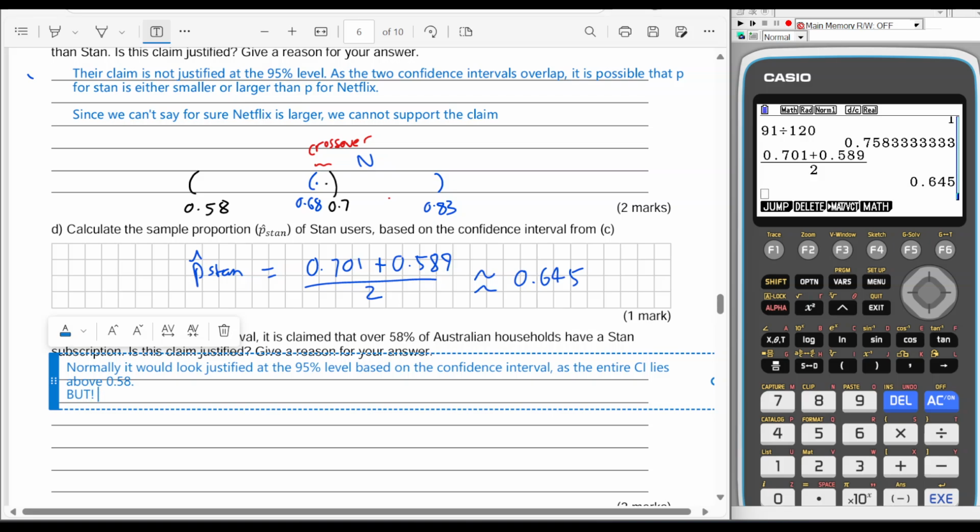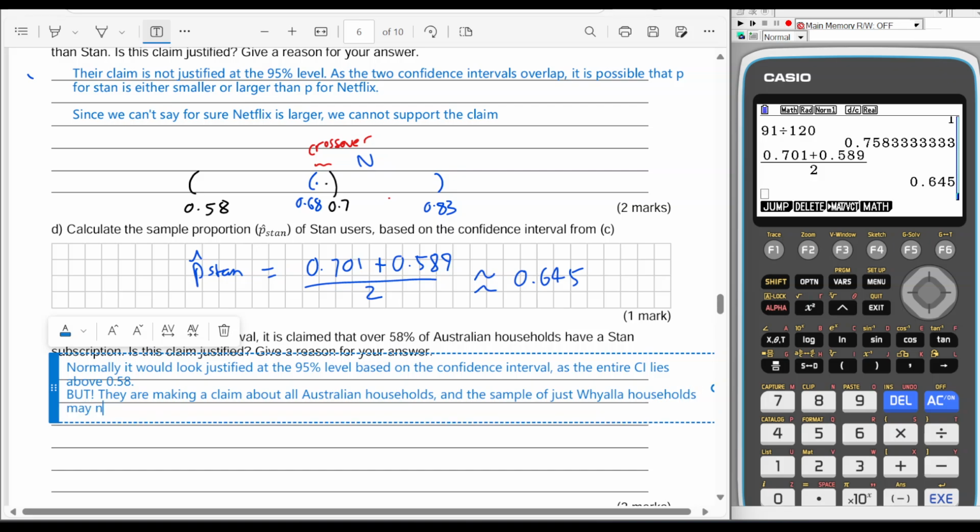But they are making a claim about all Australian households, and the sample of just Whyalla households may be biased and not properly represent the population.